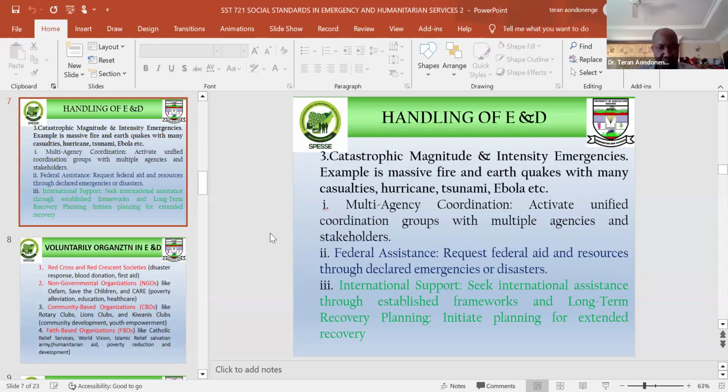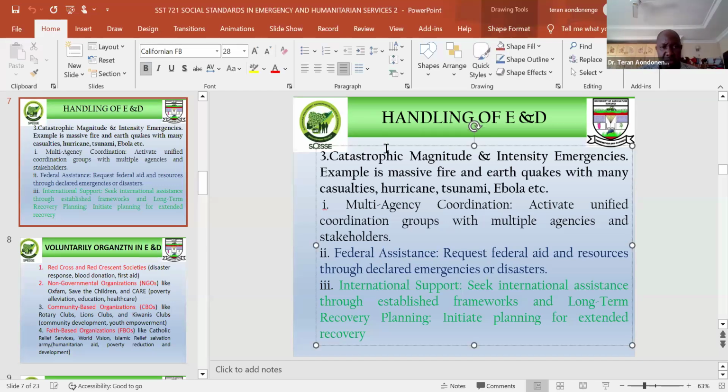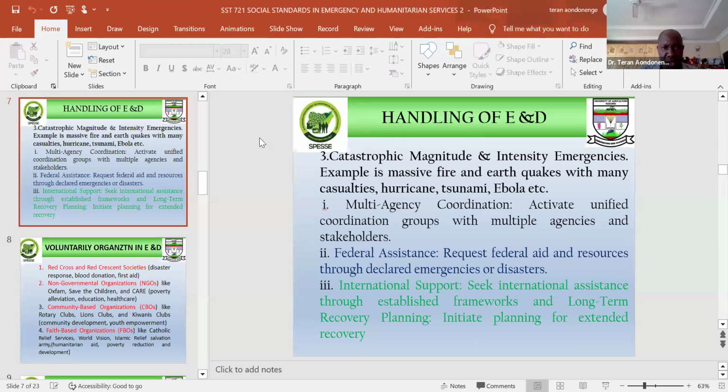The last one. I'm not seeing it yet, sir. The catastrophic emergencies. Catastrophic magnitude and intensity. Can you see it now? Number three. Yes, sir.